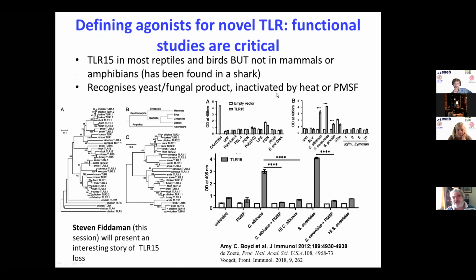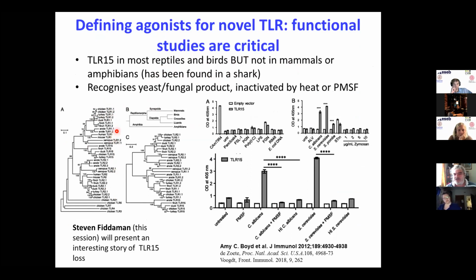So with TLR15, the work I'm going to present on this slide, it's found in most reptiles and birds, but not in mammals or amphibians. It has been found recently in a shark. If you look at the TLR15 sequence and you separate it according to the signaling domain, the TIR domain, then TLR15 really looks like one of the TLR1-2 family members.